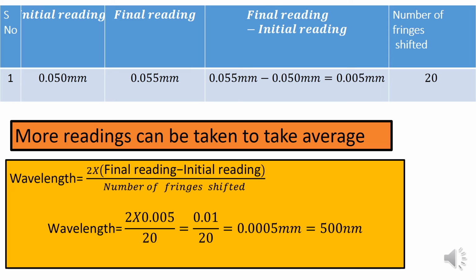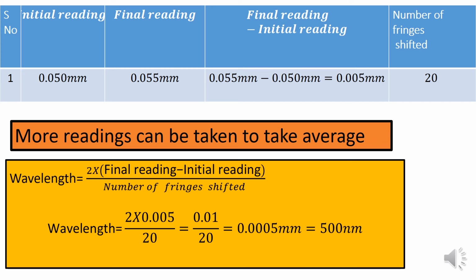When the final reading is taken after 20 fringes, final minus initial reading gives the answer, 0.005 for the 20 fringes shifted. This is one reading I have taken, and you can take 3-4 readings and then take the average also.